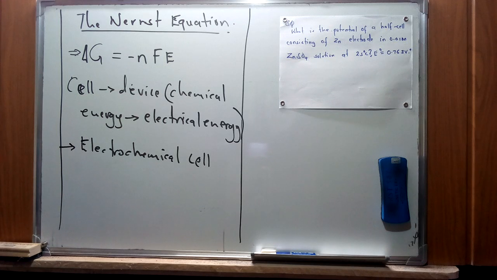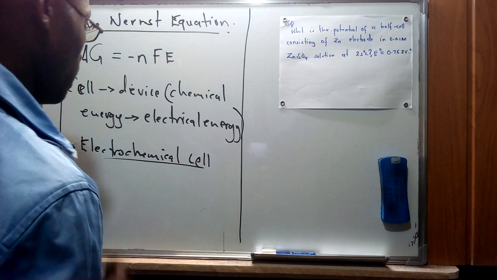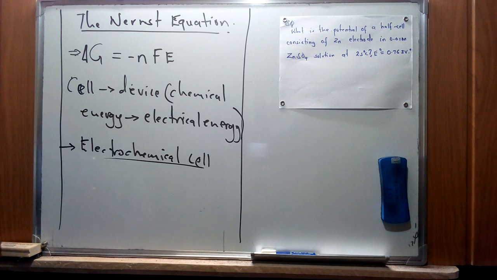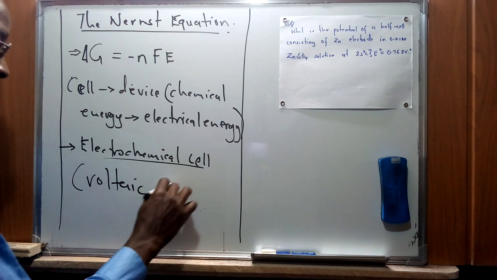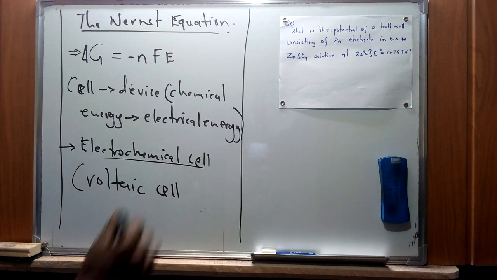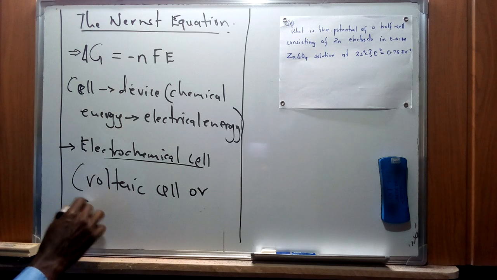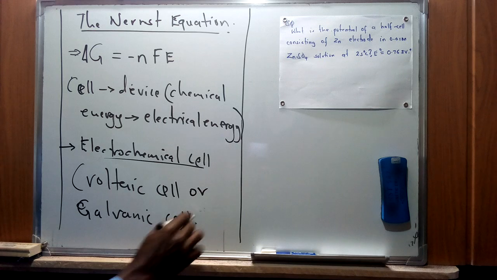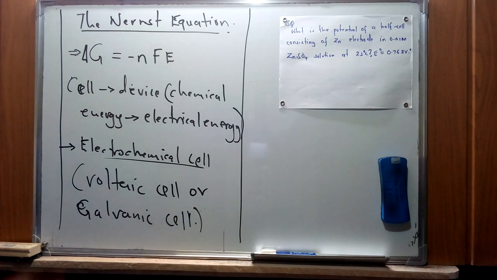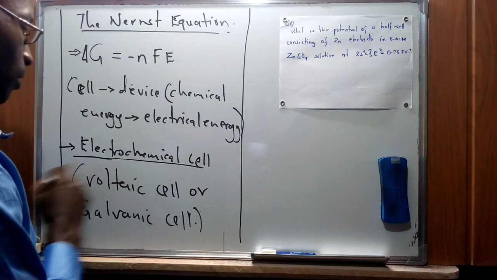Therefore, this electrochemical cell can be referred to using another term, known as a voltaic cell or a galvanic cell. So whenever we mention a voltaic cell or a galvanic cell, it involves a spontaneous redox reaction that is producing electrical energy.